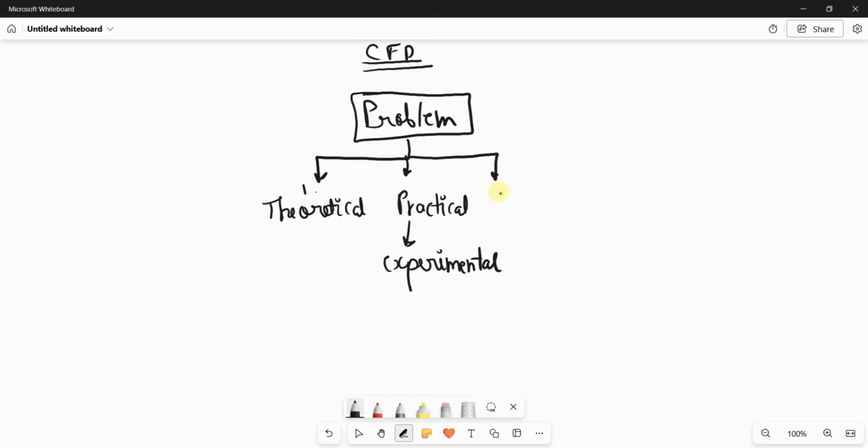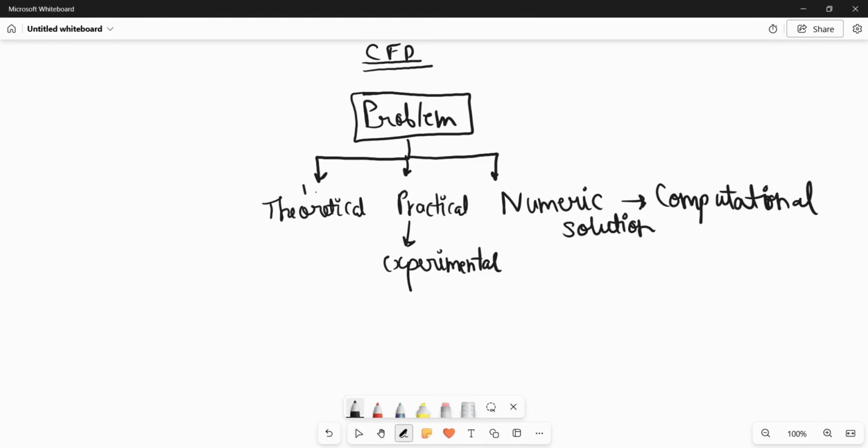And the third one is your numeric way, a numeric solution. Another name for this would be computational, because nowadays everything is done through computers, so we write it as computational. Correct. So let's take an example.